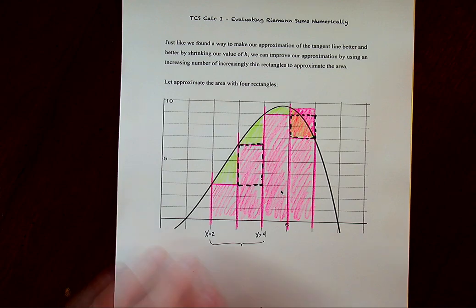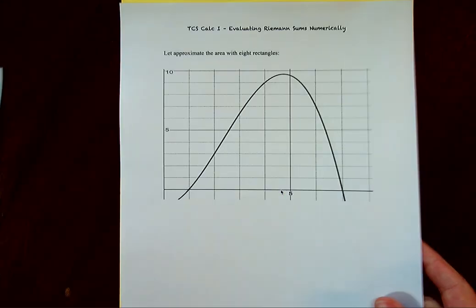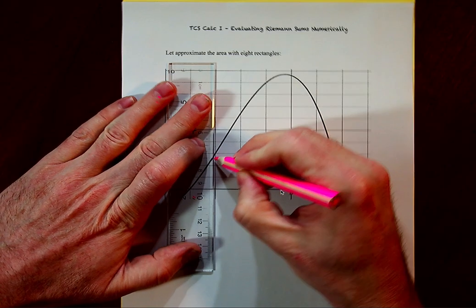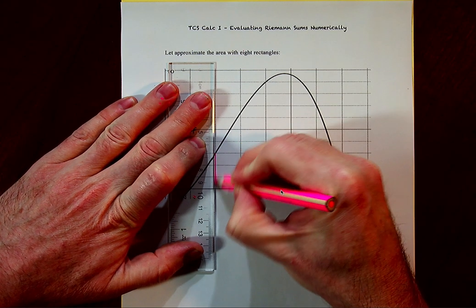So let's move on to the next one, and let's do from 2 to 6 for 8 subintervals. My little mess up there is illustrative of the point that it's really easy to get jumbled up if you're not being careful and mistake left hand for right hand. It's one of those things where you just have to be very, very particular and very, very careful as you're winding through these things.